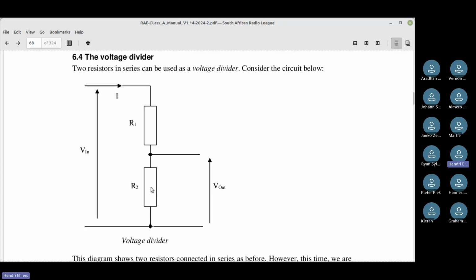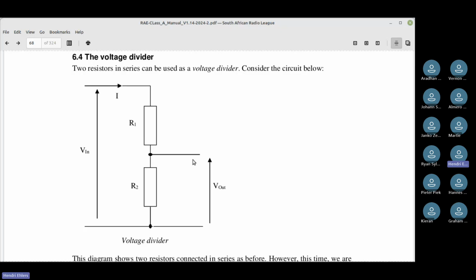Now, if you change the ratio between these two, this voltage will move up and down. You typically use that, for argument's sake, when you have a microcontroller and you want to measure the voltage on your car's battery, which goes up to 14.2 volts. Your processor can only handle on its analog input a maximum of 5 volts.